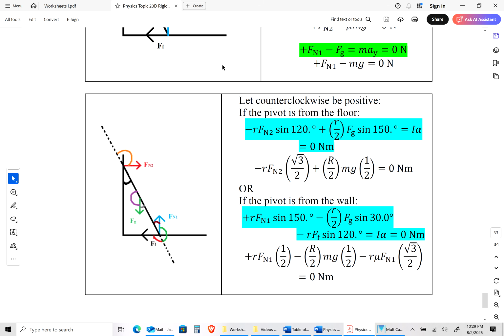So this first part here is the whole length of the ladder, which is R, times F, which is force normal 2, because remember, torque is RF sine theta. And what's the angle of this orange? It's 120 degrees.